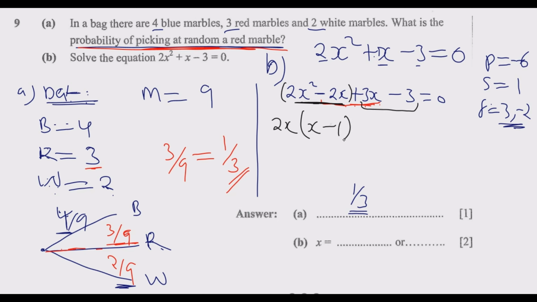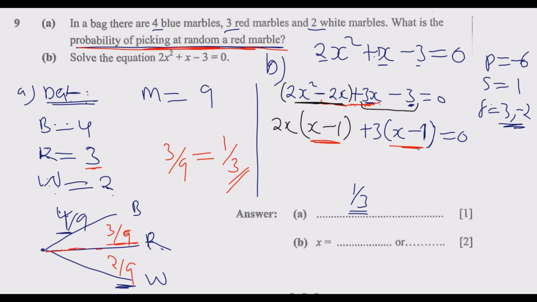Then we move to the next group. What is common between these two is 3, so it will be plus 3. 3 into 3x is x, and 3 into negative 3 is negative 1. We are going to have that, equal to 0. What is critical is to ensure that these two brackets are the same. If they're not the same, we've made a mistake.